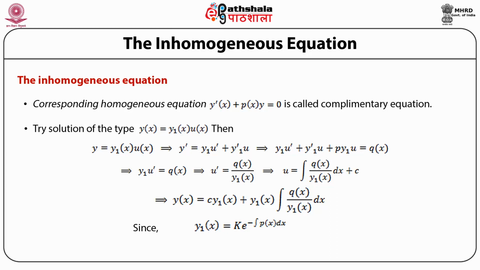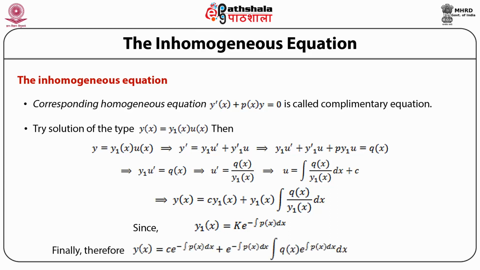y(x) is equal to c times y1(x) plus y1(x) times the integral of q(x) divided by y1(x) dx. Now, the solution to the homogeneous equation is y1(x) = k times e raised to the power minus integral of p(x) dx.